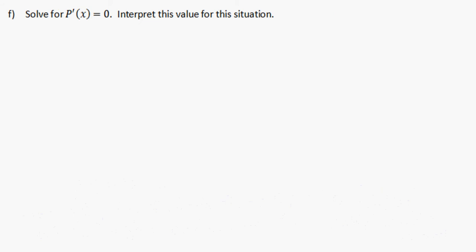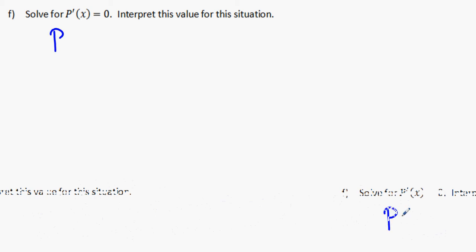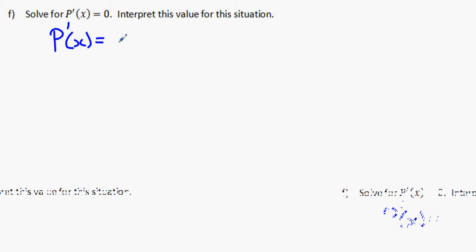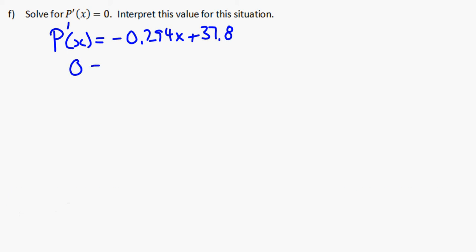Here we go. Last one. Solve for P prime of x equals 0. Interpret this value in the situation. So here, my P prime of x, sorry, is negative 0.294x plus 37.8. Set this equal to 0.